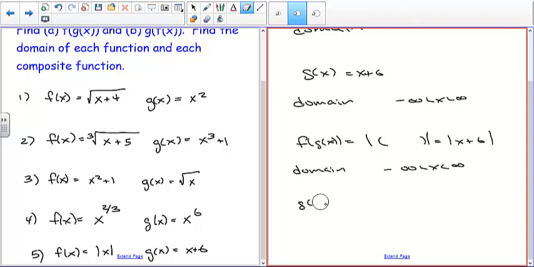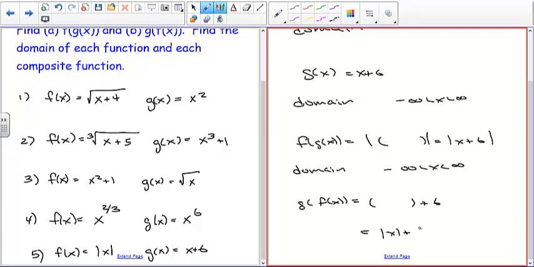And then the next, g of f of x. So g of x is something plus 6. The something is the absolute value of x. So I get the absolute value of x plus 6, which is not the same as the absolute value of x plus 6.